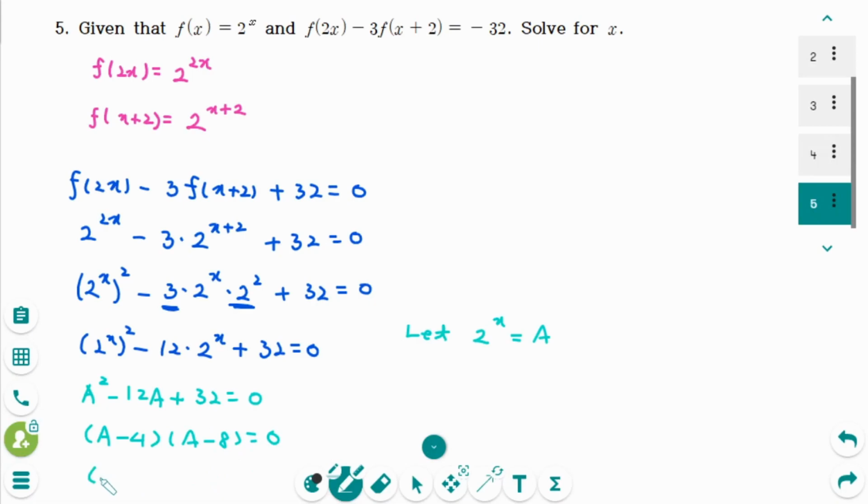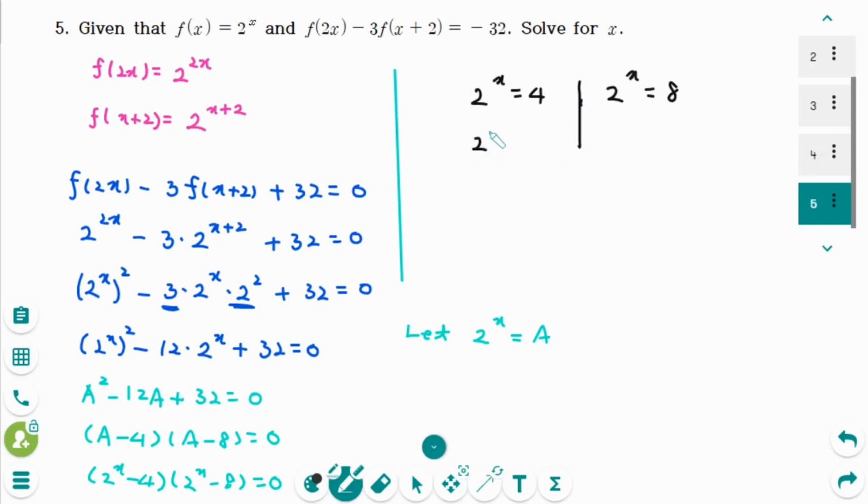Back to the original, a was 2 to the power of x, so 2 to the power of x minus 4 and 2 to the power of x minus 8 equals 0. 2 to the power of x equals 4, and 2 to the power of x equals 8. 2 to the power of x equals 4, which is 2 squared, then x equals 2. 2 to the power of x equals 2 to the power of 3, which is x equals 3. This is the final answer.